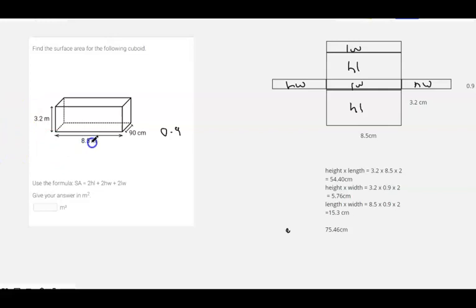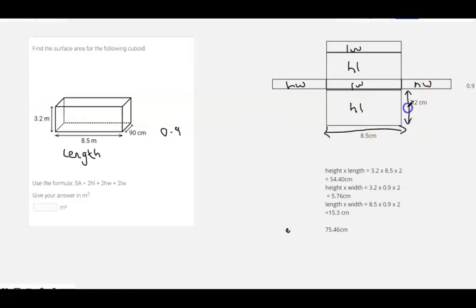So this 8.5 meters here is the length. Okay, so be really clear. We need to be clear with our definitions. 8.5 length, and it's equivalent here. I've called the 3.2 height. So again, it's represented here.